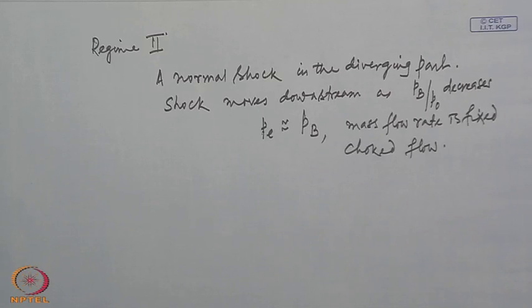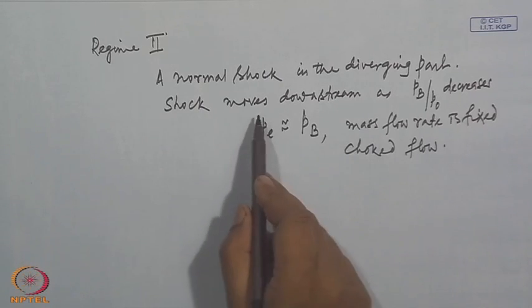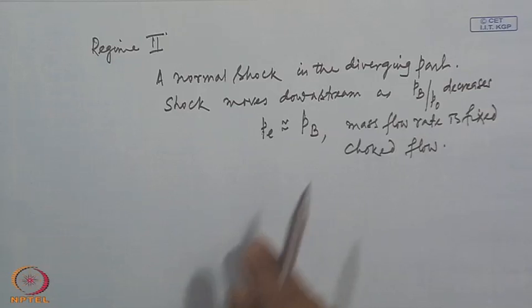for any pressure below the level of pressure at 2, the flow in the converging part remains unaffected and the flow is choked, that is, there is no further change in mass flow rate, since the shock moves downstream as P B by P 0 decreases.